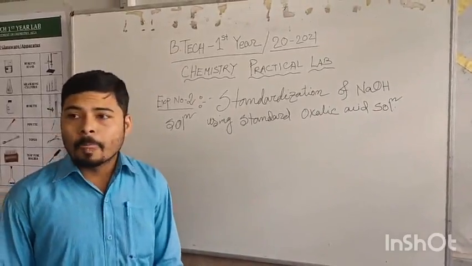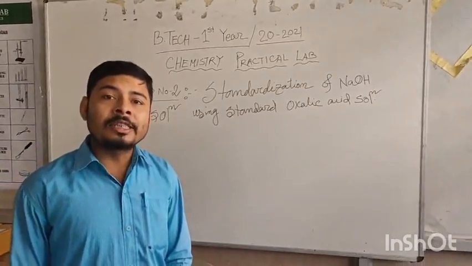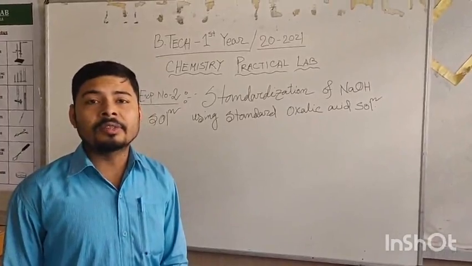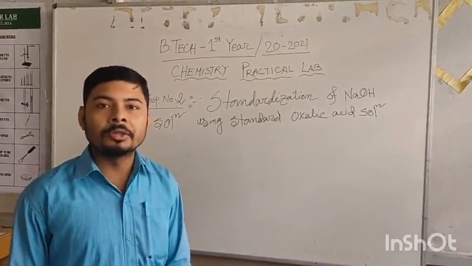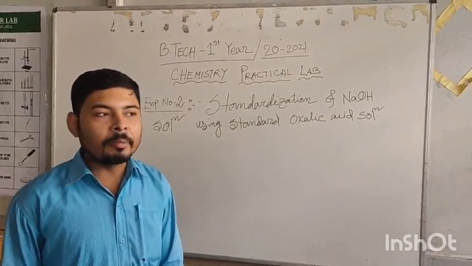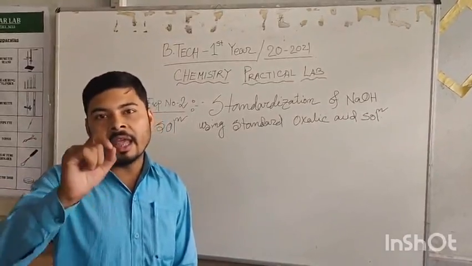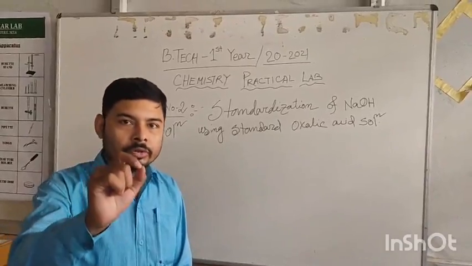So now what we have to do is standardize our secondary standard solution to determine the exact strength. Exact strength means, at the time of your experiment, what is the actual strength of your solution.